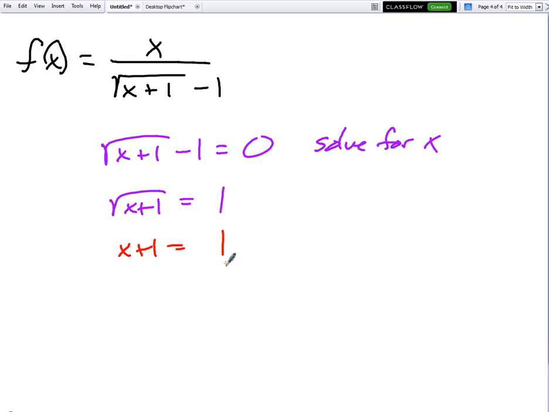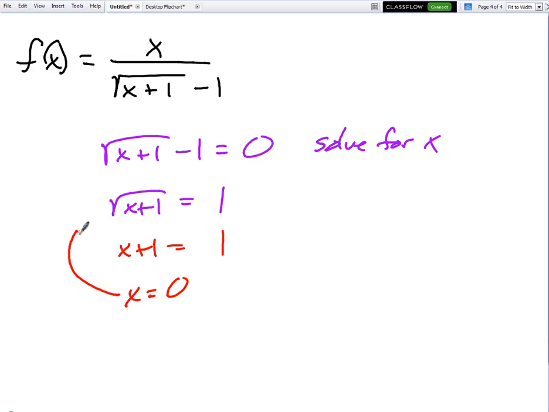But whenever I take both sides of an equation to a power, I introduce the possibility of extraneous solutions. We've changed the equation in a way that might add additional solutions that weren't part of the original equation. So the red flag says whatever we get, we have to go back and check it to see if it actually works. So last step, subtract 1, and we get the value x equals 0.